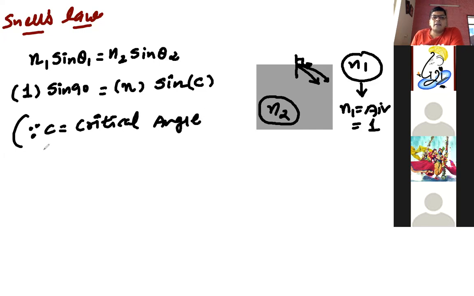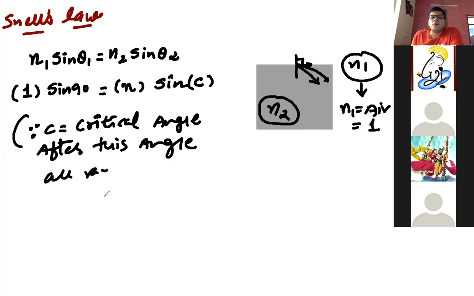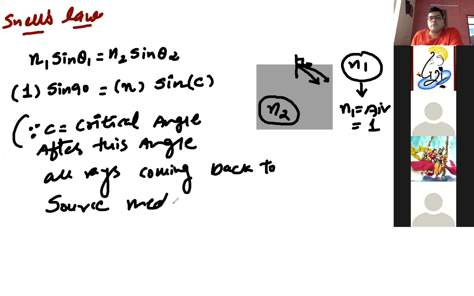After this angle, all my rays come back to the source media. This is how it is called.